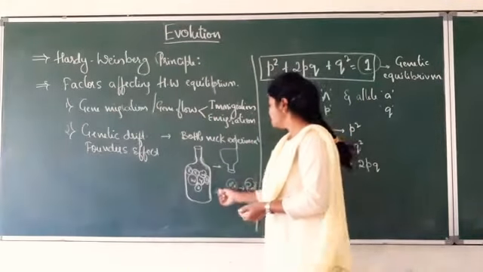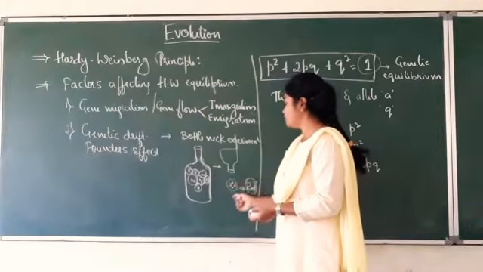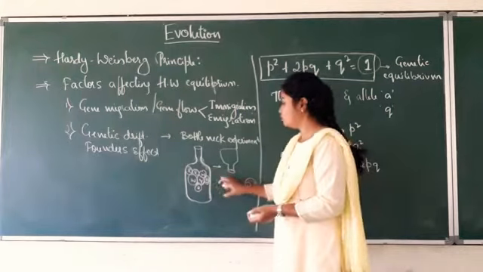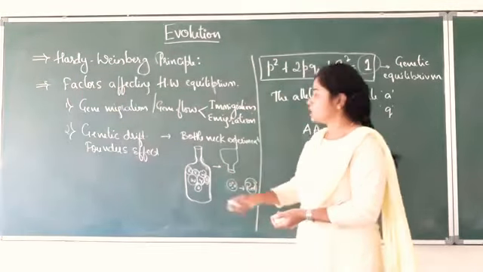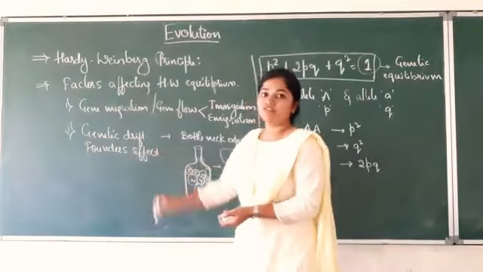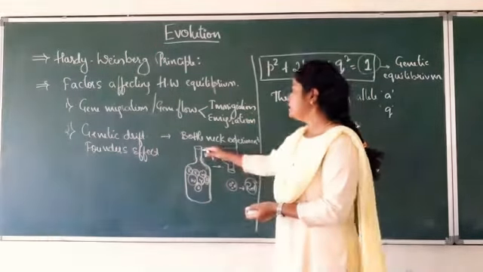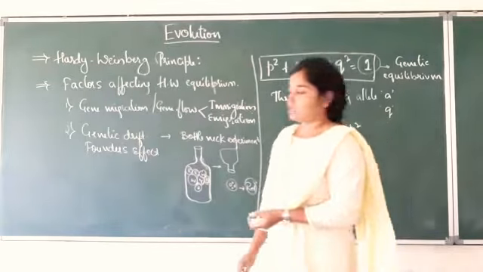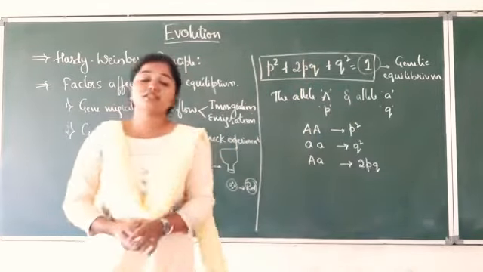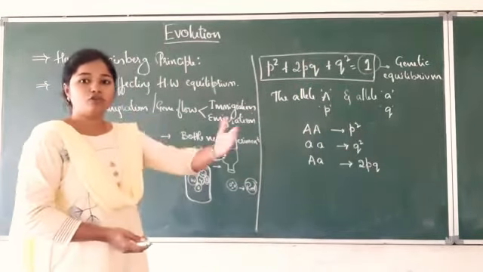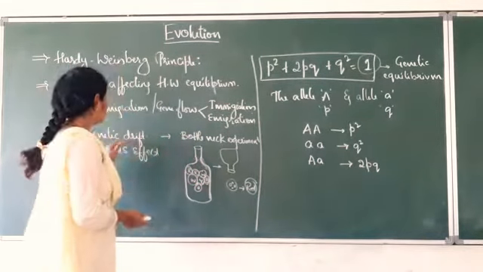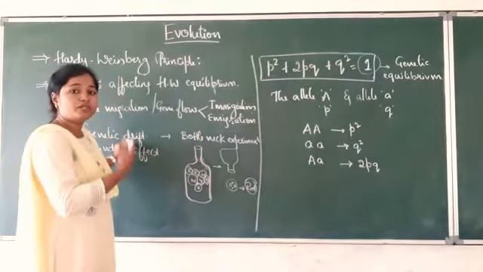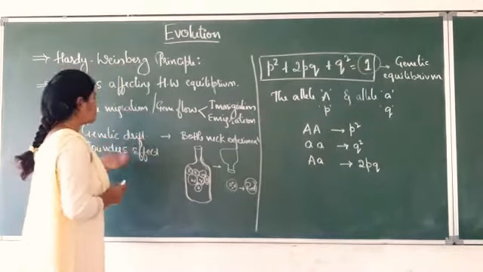Means the starting organisms or the starting pebbles which have come out from this bottle are going to be the founders of the new population. So that's why it's called the founder's effect, and this experiment is called the bottleneck experiment, right? So genetic drift means if the alleles flow from one population to another population, then it is called genetic drift.